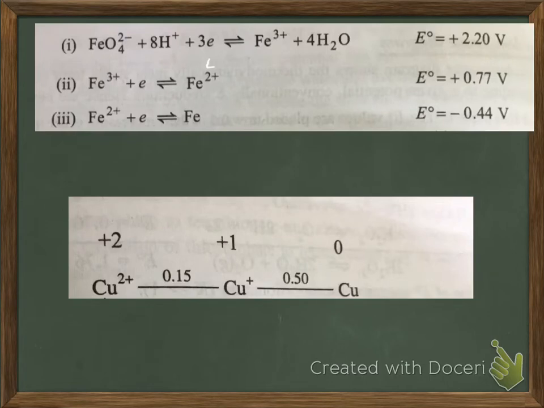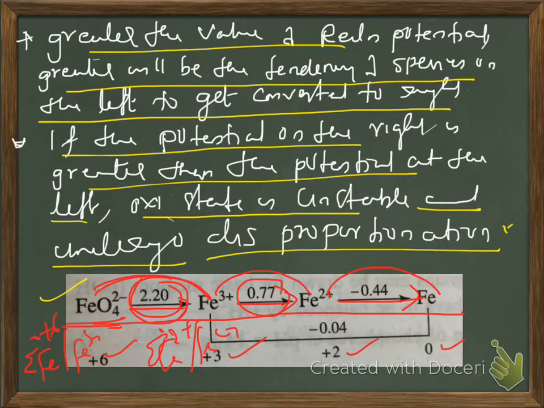The first was FeO4 2- to Fe3+, which has a potential of 2.2. Then Fe3+ to Fe2+ is 0.77, and Fe2+ to Fe is -0.44. In general reading, what we can say is that reduction of Fe+6 to Fe3+ is highly possible, a rapid reaction.